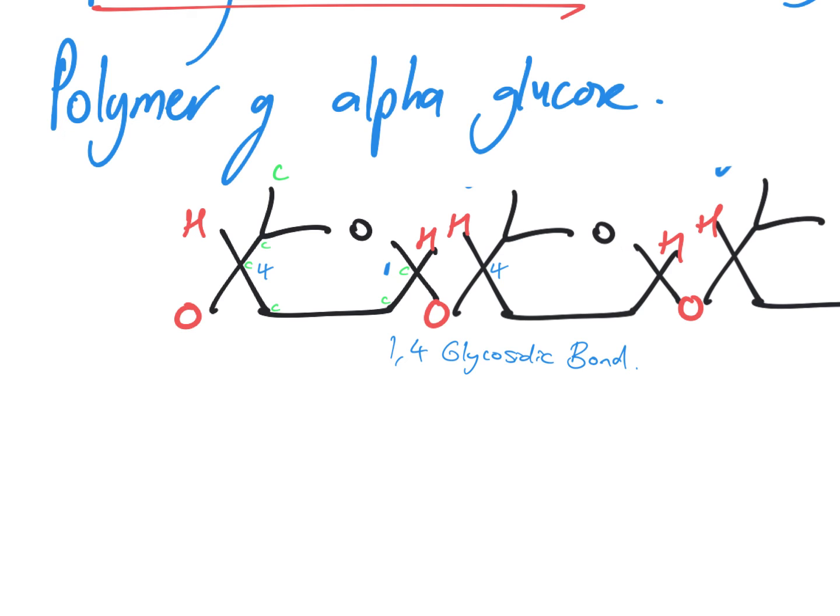However, what can also happen is I can also have a bond that forms here by my carbon 6. So I can also form what's called a 1,6 glycosidic bond.